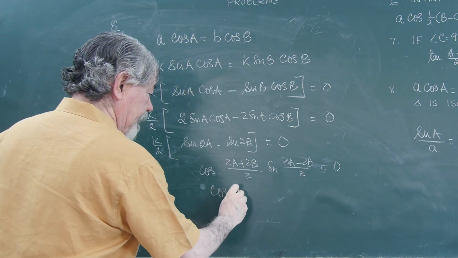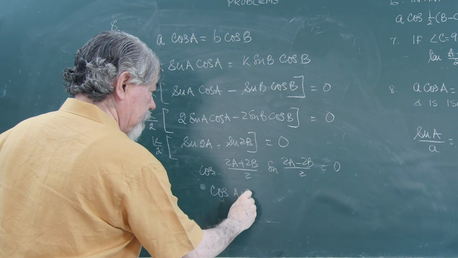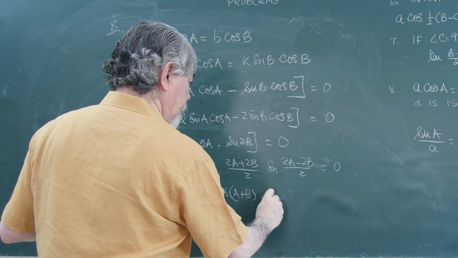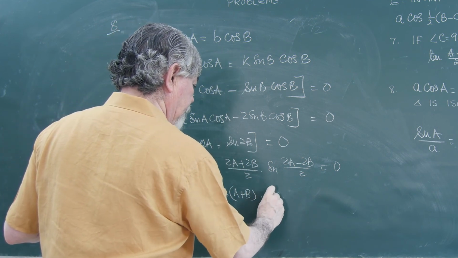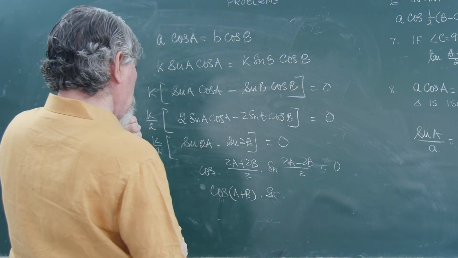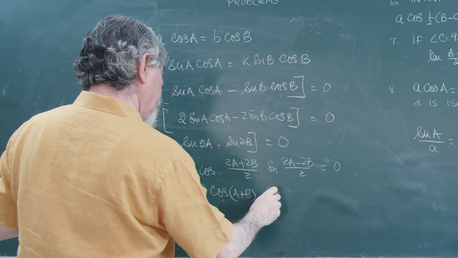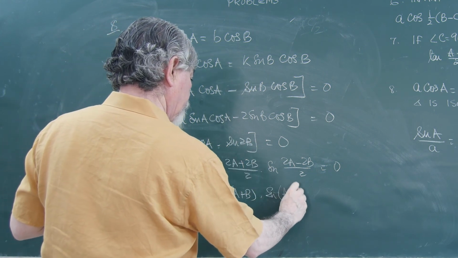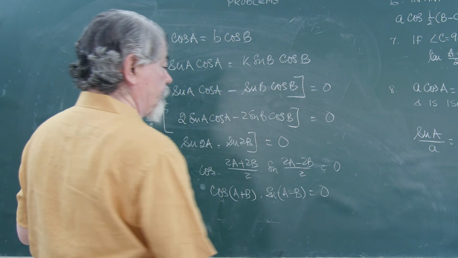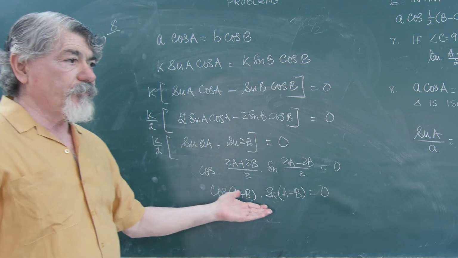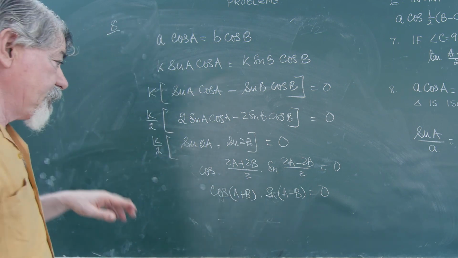So cos(A plus B) and sin(A minus B) equal to 0. Now for the product of two numbers to be 0, one of them has to be 0.